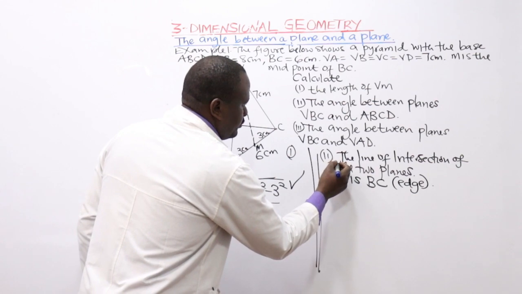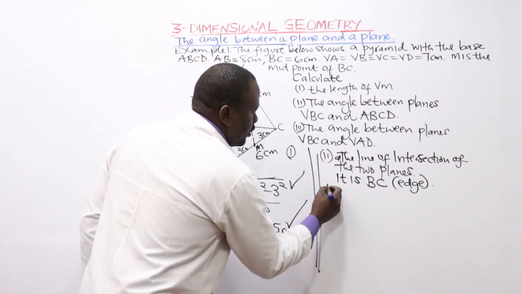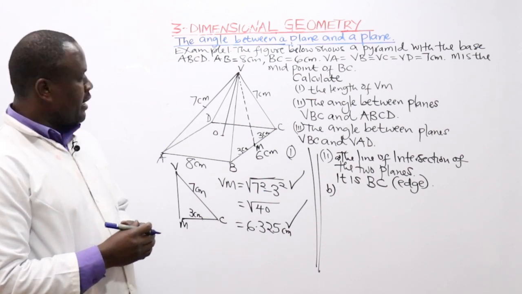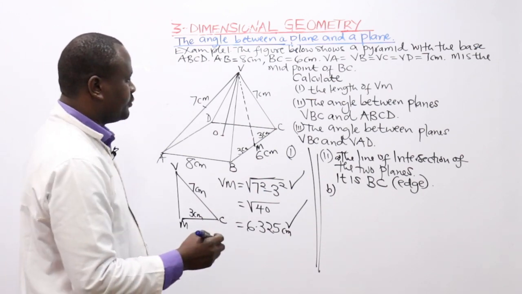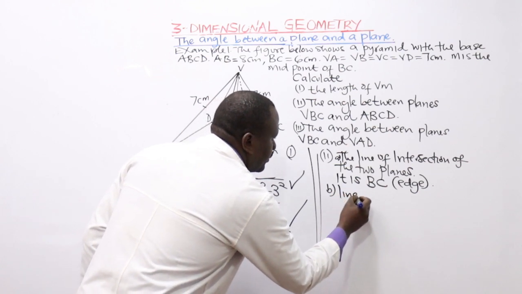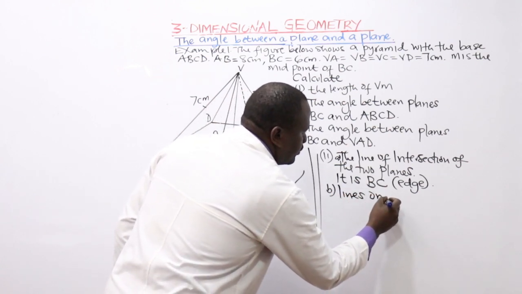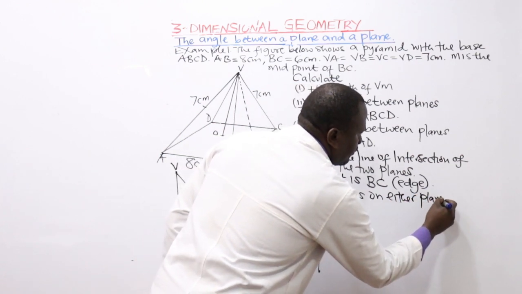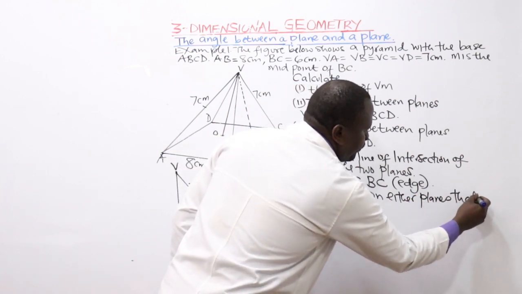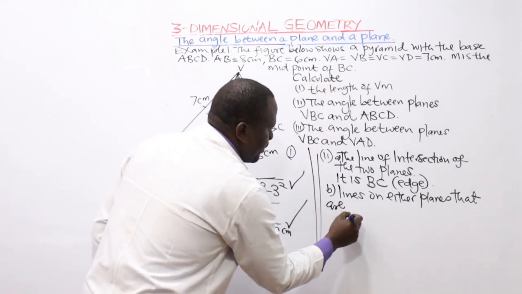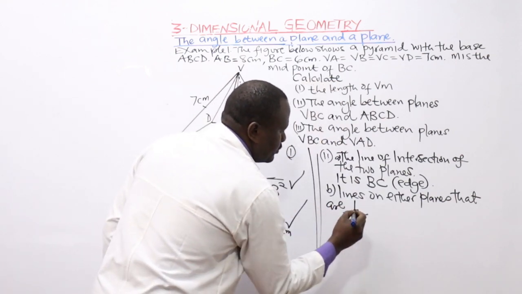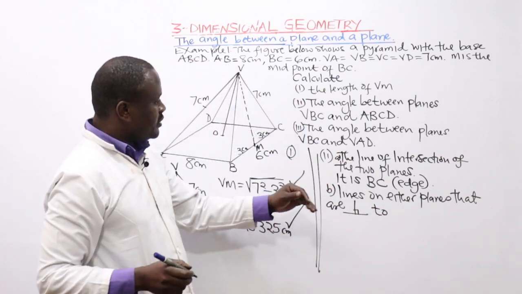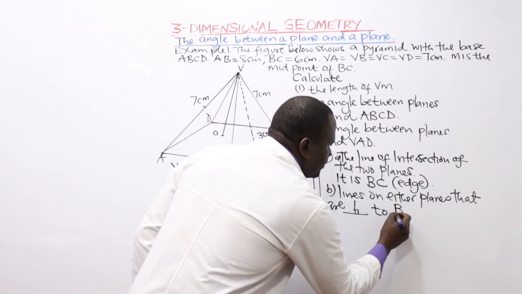Secondly, we consider 2 lines on either side that are perpendicular to that line of intersection, to BC.